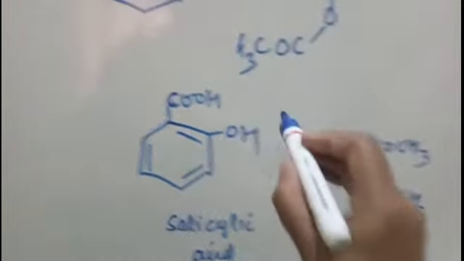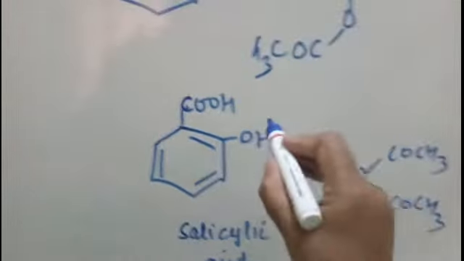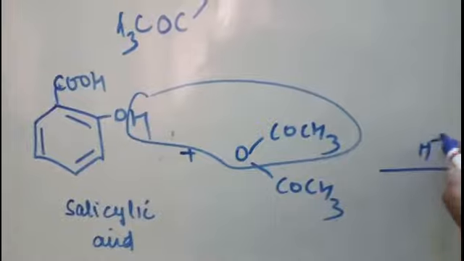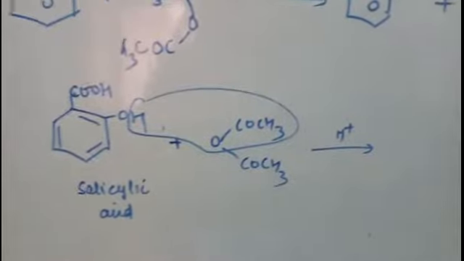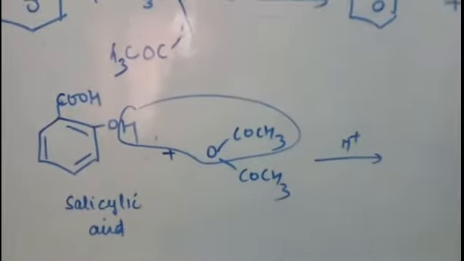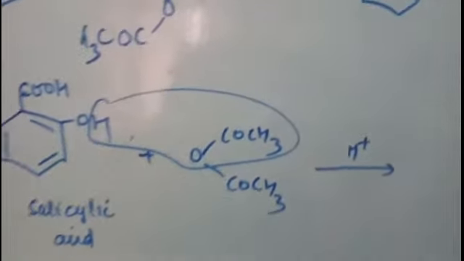Right. So what happens? This acetic acid is removed and acetylation takes place. What is acetylation? That is introduction of the acetyl group. COCH3 group is known as acetyl group. So introduction of acetyl group is known as acetylation. So acetylation of salicylic acid will take place.